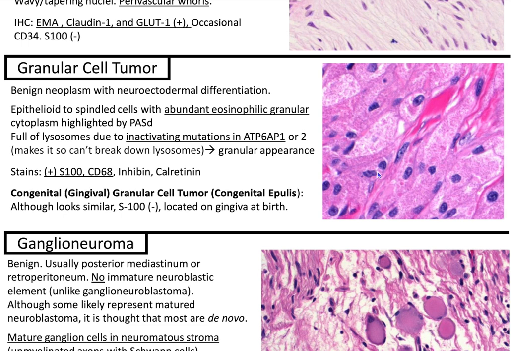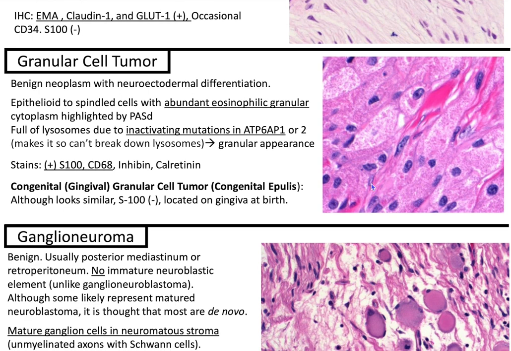Stains will be positive for S100, CD68, inhibin, and calretinin. There's also a congenital gingival granular cell tumor, also known as congenital epulis. Although it looks similar, S100 is negative and it is located on the gingiva at birth.